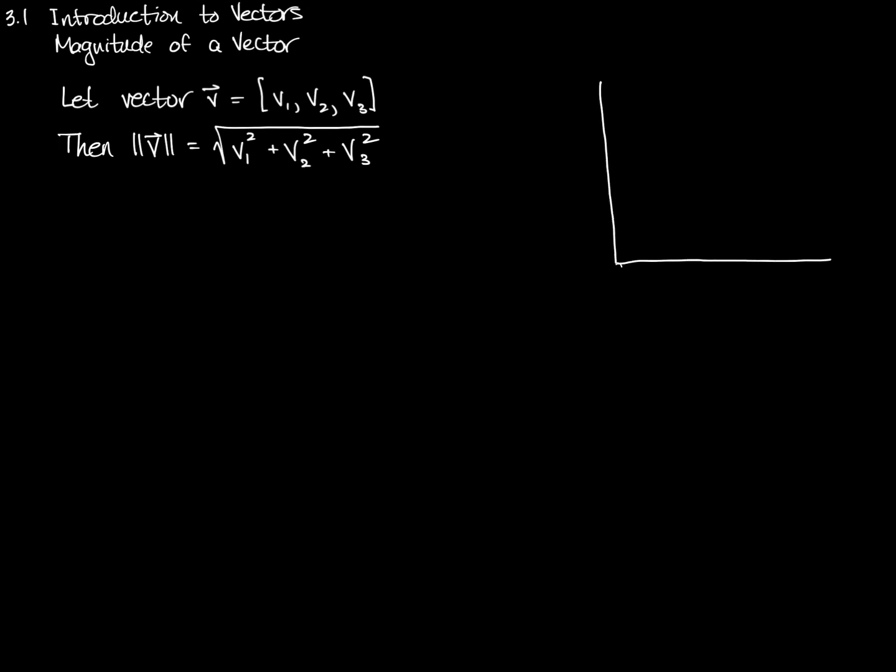Well, if we're in 3 dimensions, then we might have a coordinate system that looks something like this. Hopefully you can see that this looks something like the corner of a room, right? This is where the 2 walls meet, and this is where the floor meets the one wall, and this is where the floor meets the other wall. If I have a vector in 3 dimensions, it might look something like this.